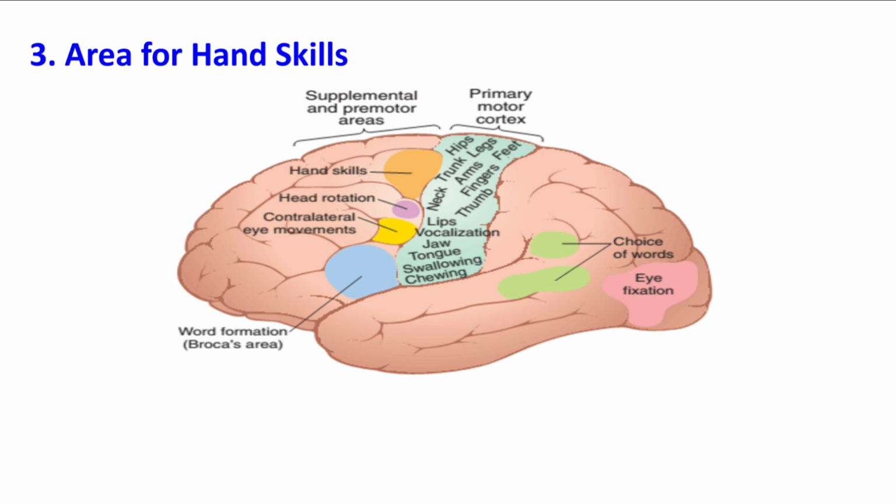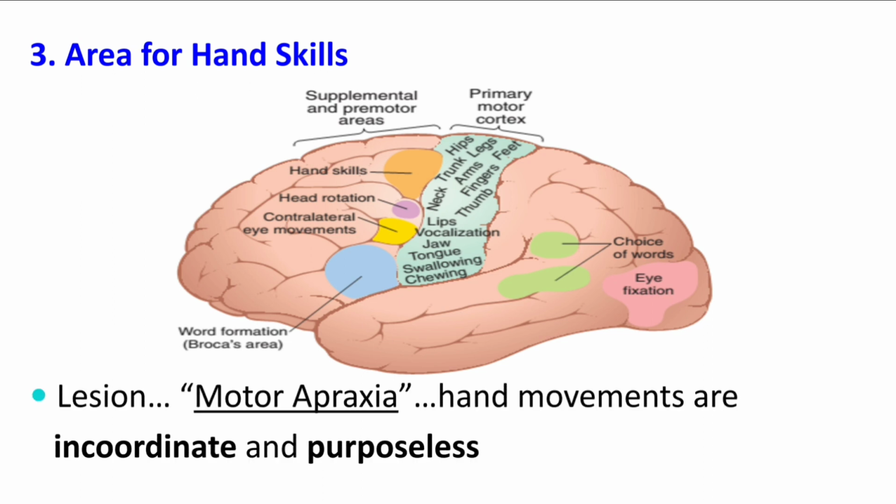Then we have area for hand skills, as you can see here, and as the name indicates, this area is responsible for controlling hand skills. And in case of lesion of this area, there is motor apraxia, in which the hand movements are incoordinate and purposeless.